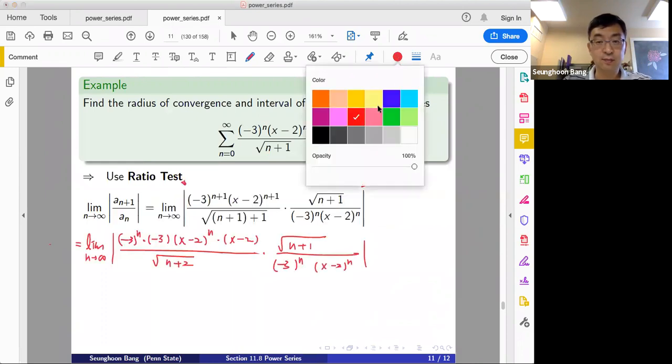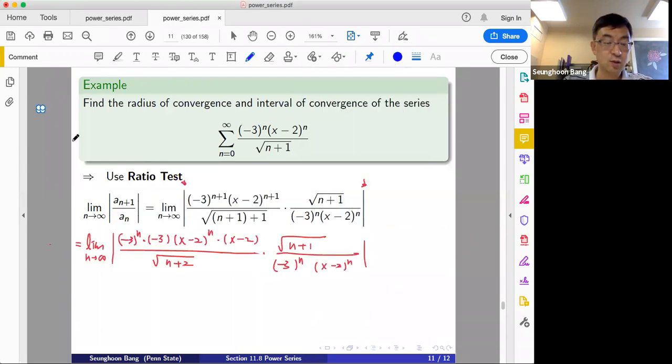The next tip: you just cross out the common factors.